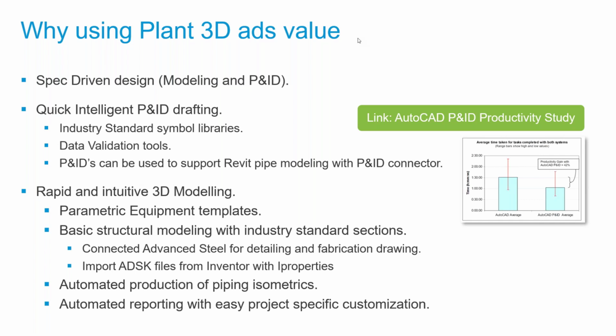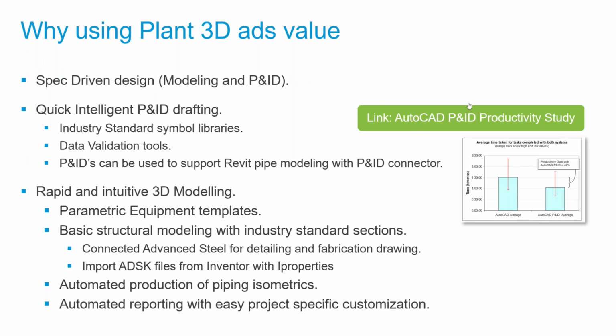So you can imagine, in terms of productivity and time saving, what you can save using AutoCAD P&ID compared to, let's say, a normal AutoCAD or a design tool, which is purely a drawing tool, not a BIM tool. This is a very interesting productivity study. You can access it.